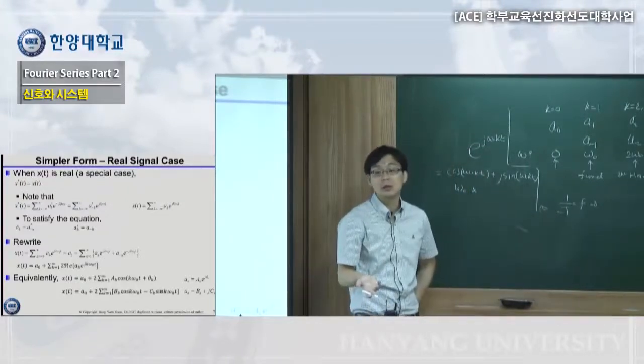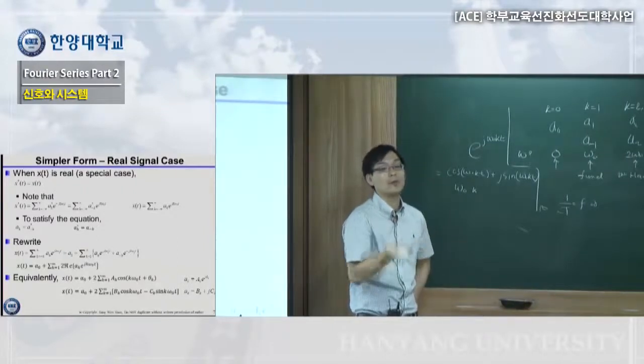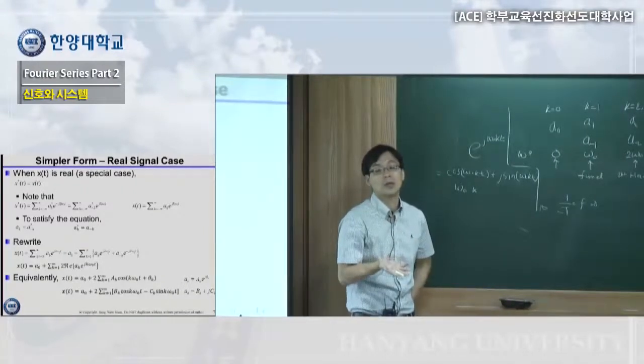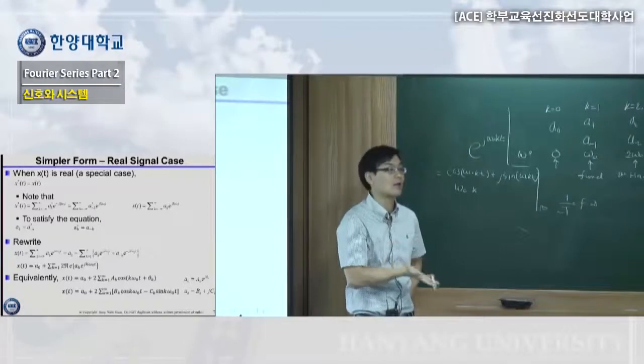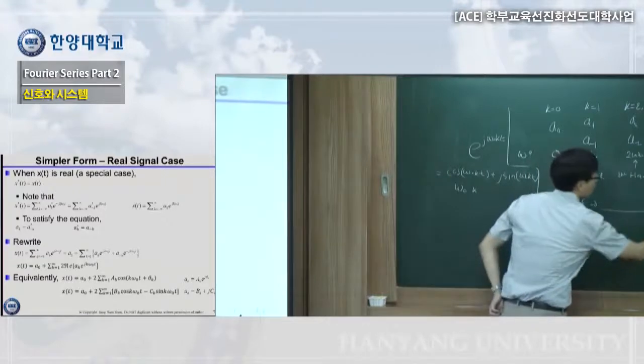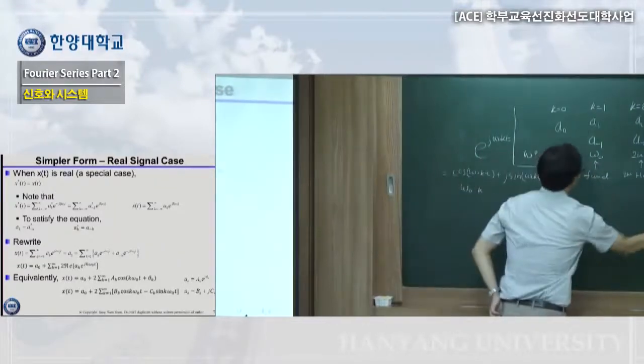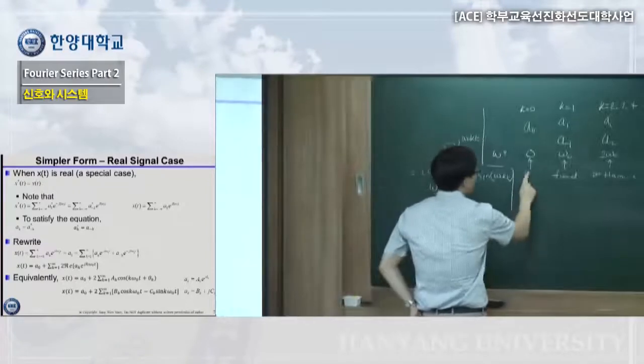The basic assumption here is that this is a periodic signal. So among periodic signals, what will be a signal having infinite period? That will be DC, a straight line, right? So this one can be considered to be DC.